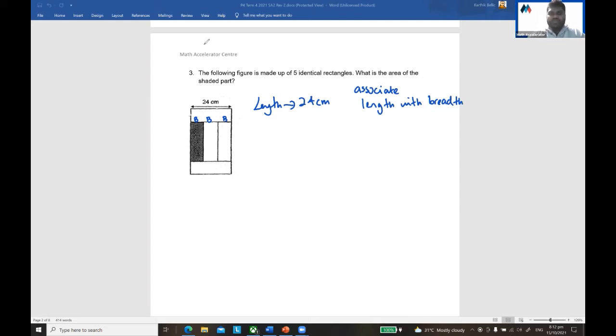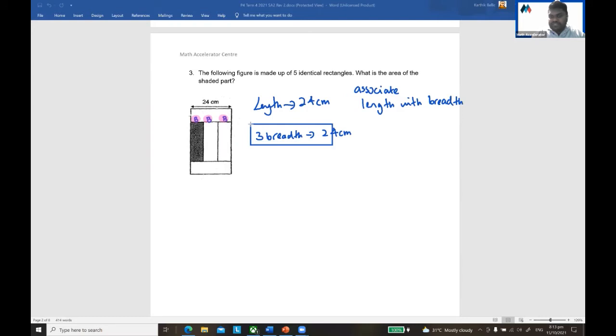Now, if you look down below here, right, you would realize that the three breadth over here adds up to 24 cm as well. Okay, so I only write down 3 breadth equals to 24 cm.